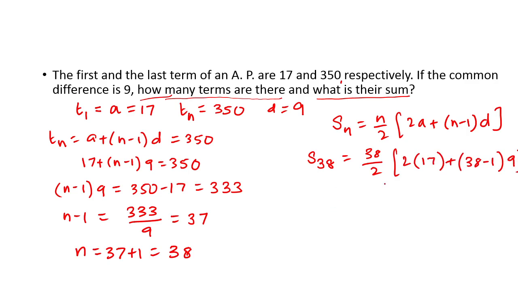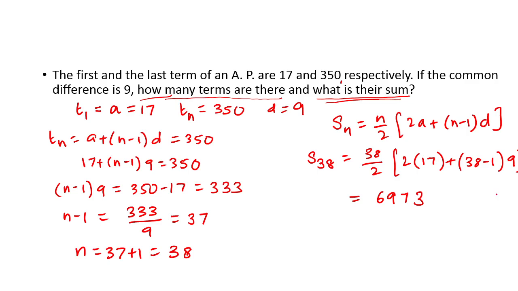Okay, so I simplify this, and 17 into 2 is 34. You add it to 37 into 9 and find out the final answer. It will come to 6973. So the sum of all these terms is 6973.